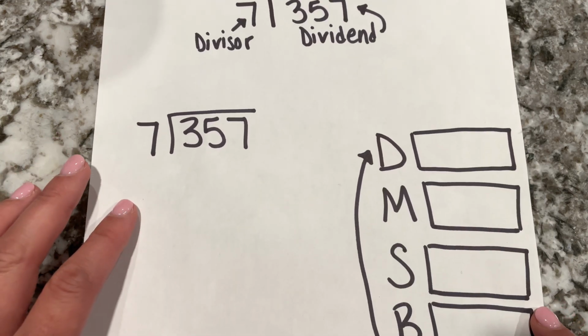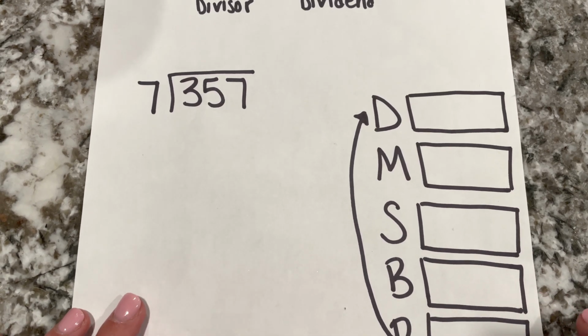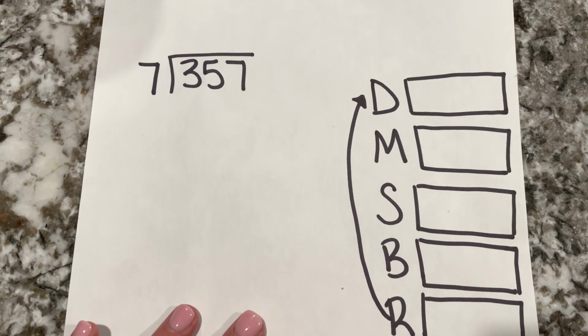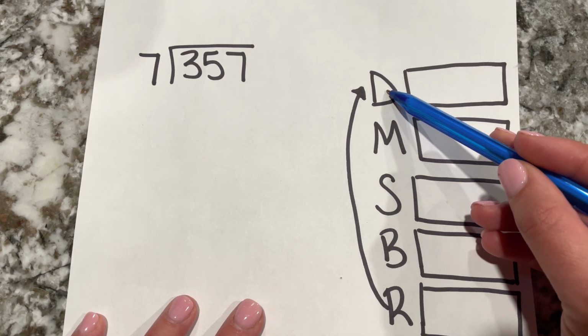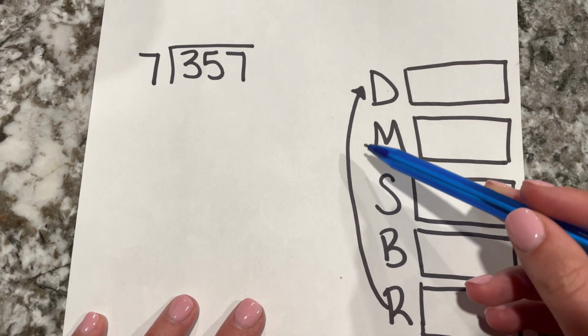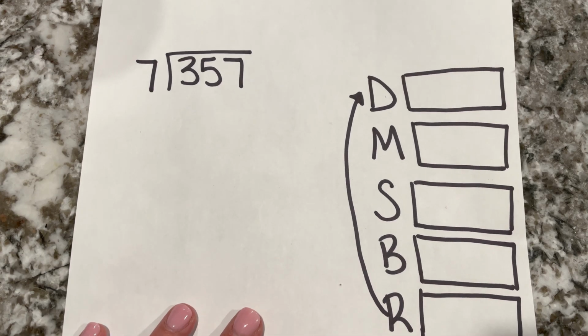Okay, now for this little anchor chart, you're going to write down some notes to help you with your other worksheets. So remember, yesterday we talked about this little mnemonic device of Dad, Mom, Sister, Brother, and Rover, and then you keep on repeating until you get to the end, and those stand for something.